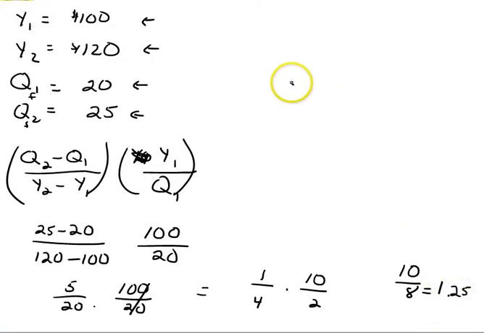In this case, the income elasticity of demand is 1.25. Well, what does that mean in economic terms? First, we know that it's positive. That's a plus 1.25. So in this case, food is normal.